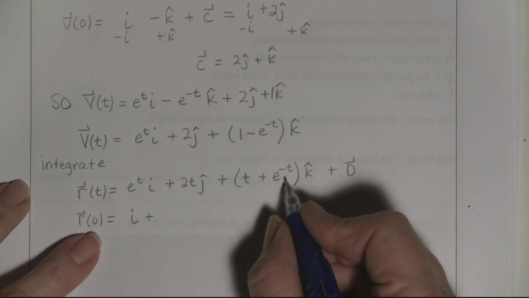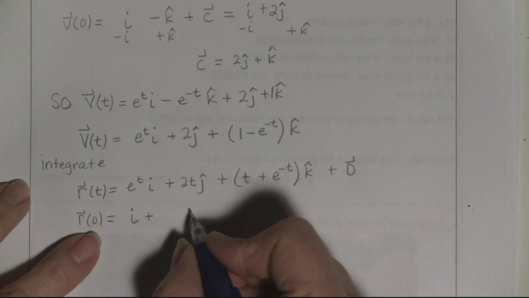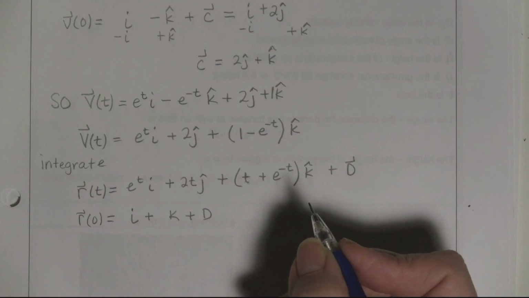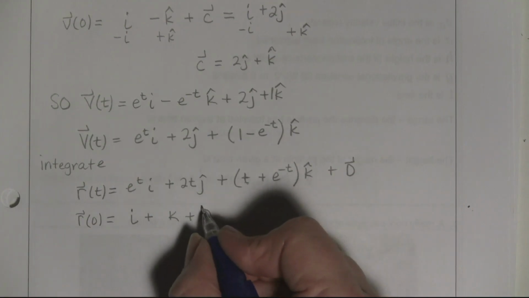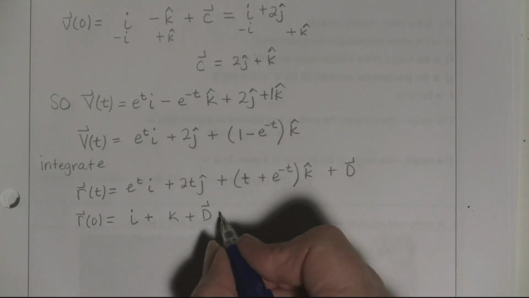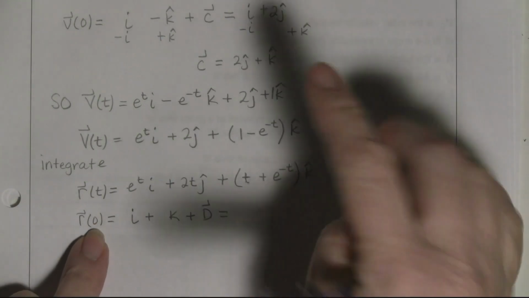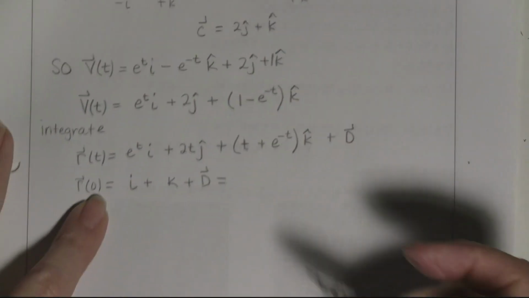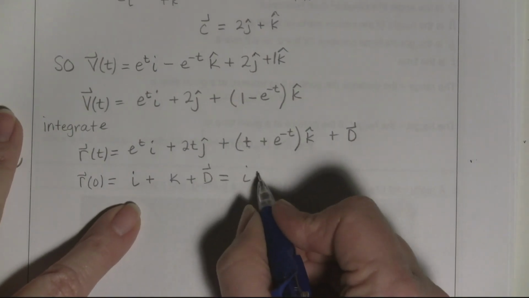So this is 1k. Is that okay? Wiped out everything except for 1k. So k plus d, which is a vector. And remember what this was equal to, r at 0. r at 0 was equal to i plus k. So this is i plus k.